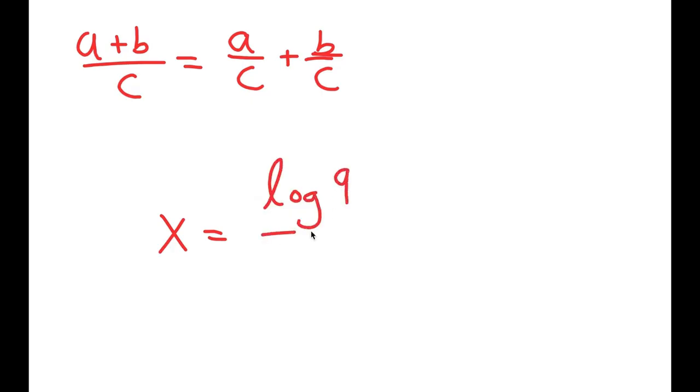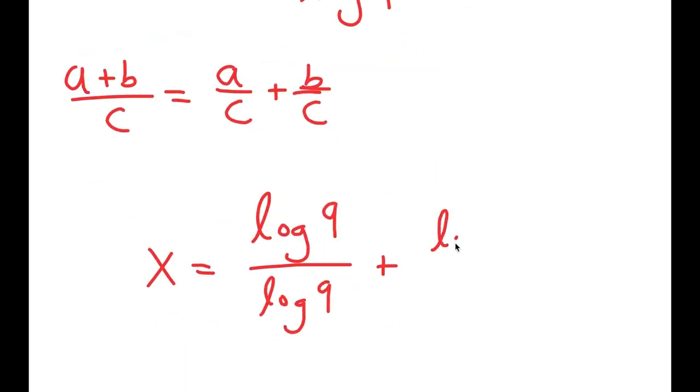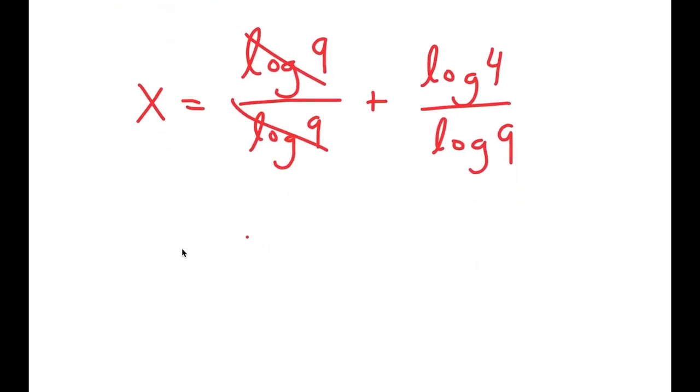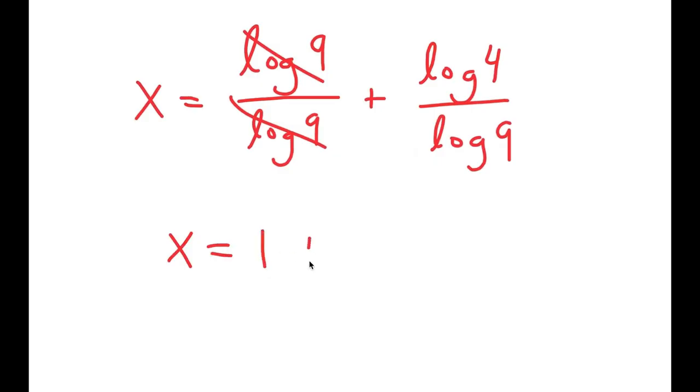log 9 over log 9 plus log 4 over log 9. Now, anything over itself equals 1, so log 9 and log 9 cancel out, and I get 1 plus log 4 over log 9.